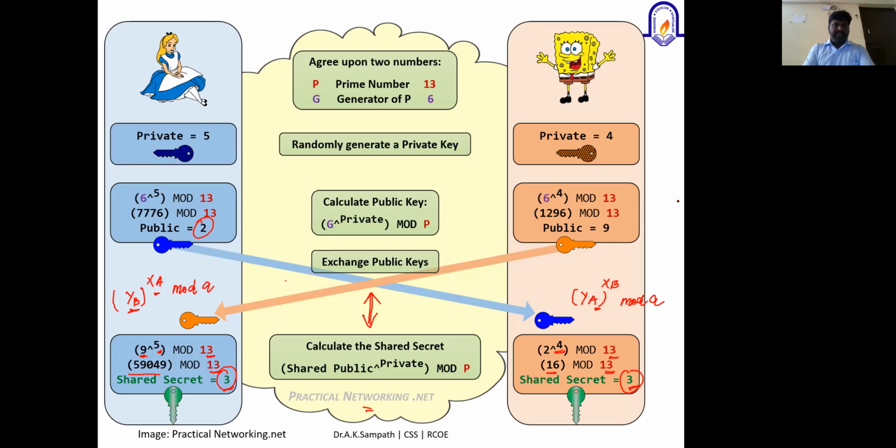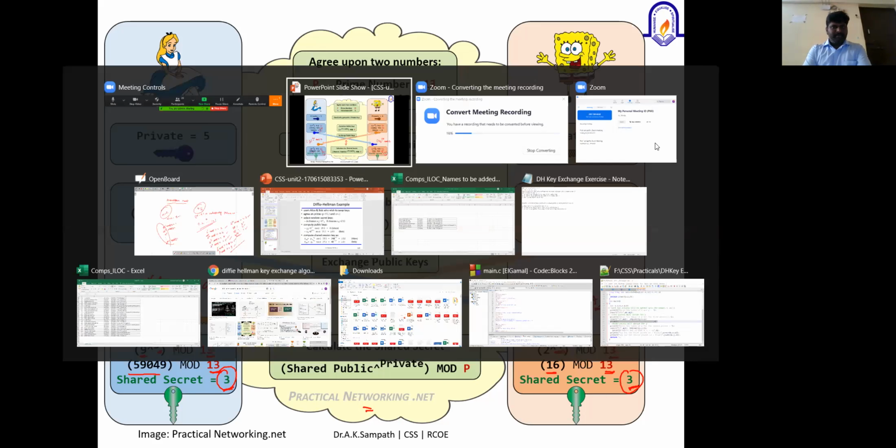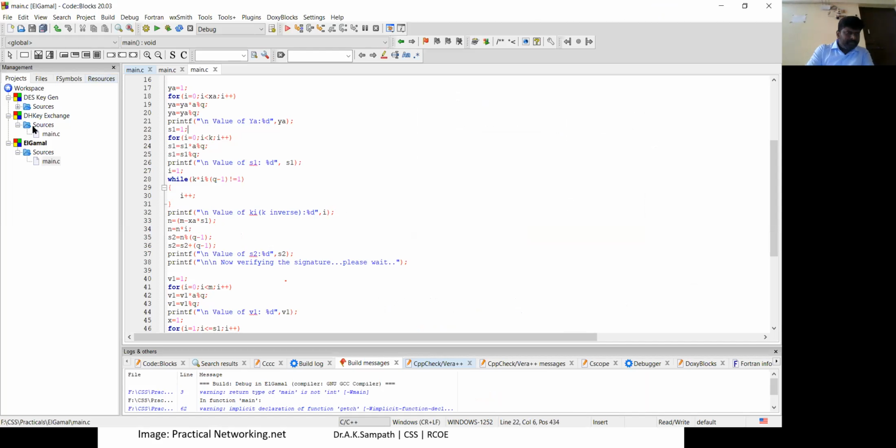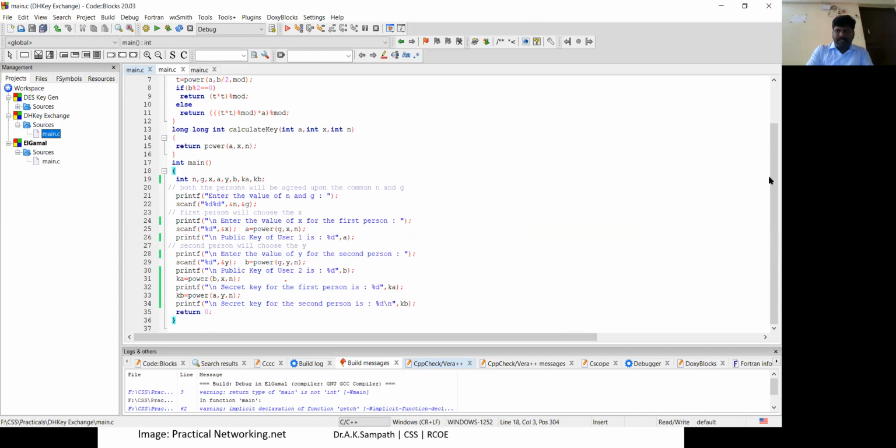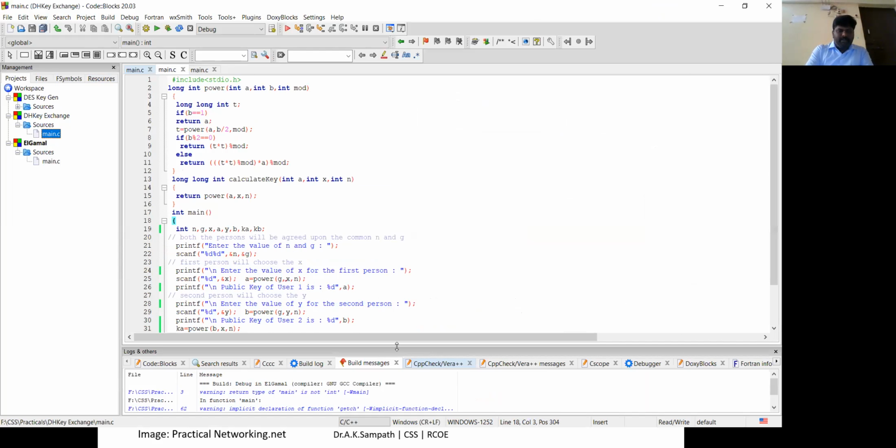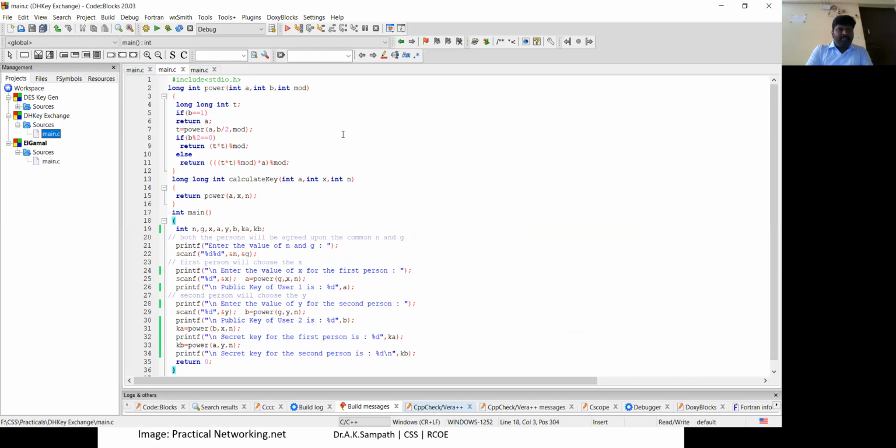So I can turn off the screen. I hope you can see the coding part. Is the code visible? Can you all see the coding part? Is the font appropriate to see?